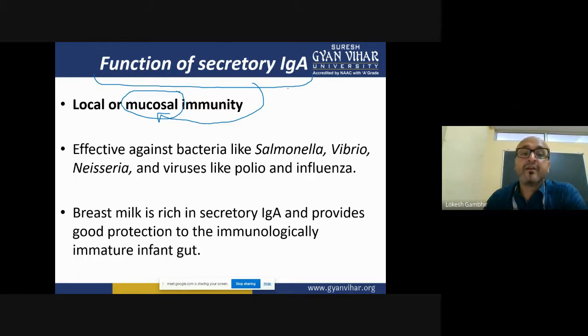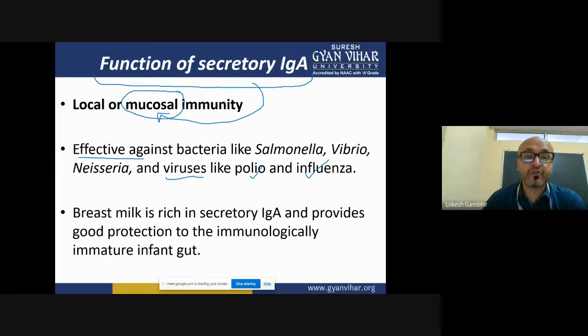So based on that, we can say that it is effective against what? It is effective against viruses like polio virus or the influenza virus, which affect the respiratory tract, and it is fighting in the pulmonary fluid or the mucosal part of our respiratory tract, which is rich with immunoglobulin A. Or we can say that the secretion which comes out as breast milk is very rich in IgA.